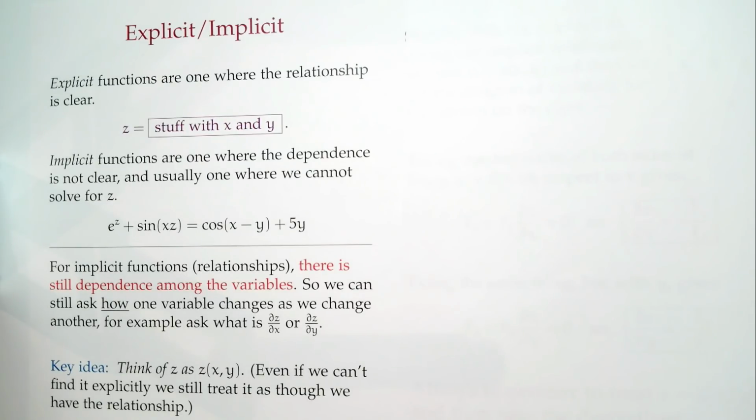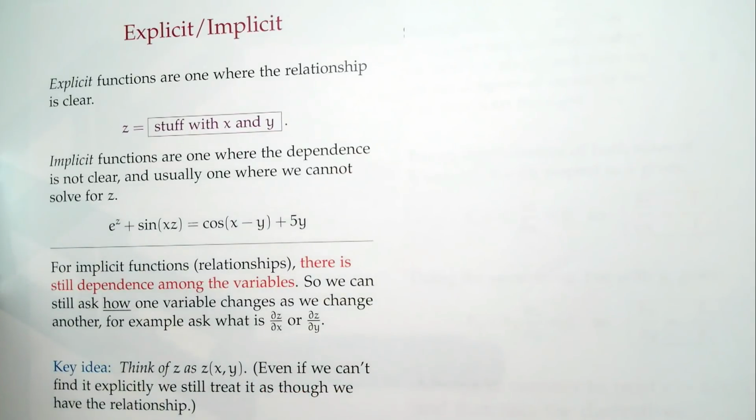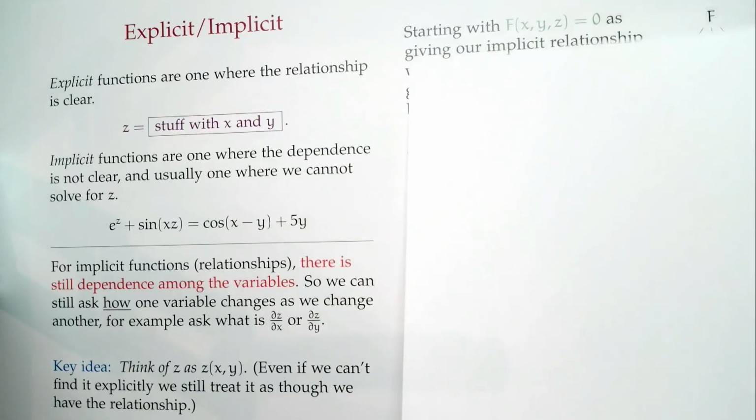We think we can. We say, let z be a function of x and y. And you might say, but which function? No, no, no. Don't think of it like we're going to solve for it. Just treat it like it were. And now that you can say, aha, I have this function z of x and y, now you can start to get to work.